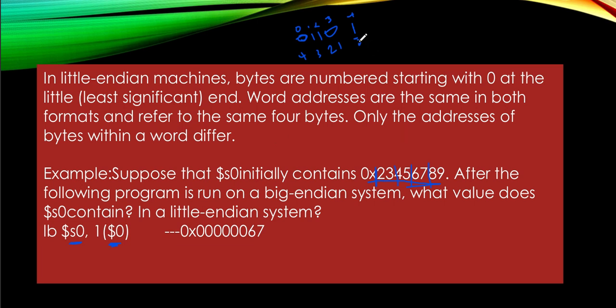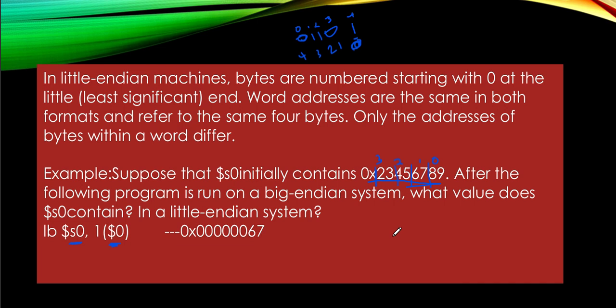So you make sure that in a little-endian system, the ending has the smallest value. All you have to do is label it starting from the least significant byte as 0, 1, 2, 3. So that's little-endian labeling.